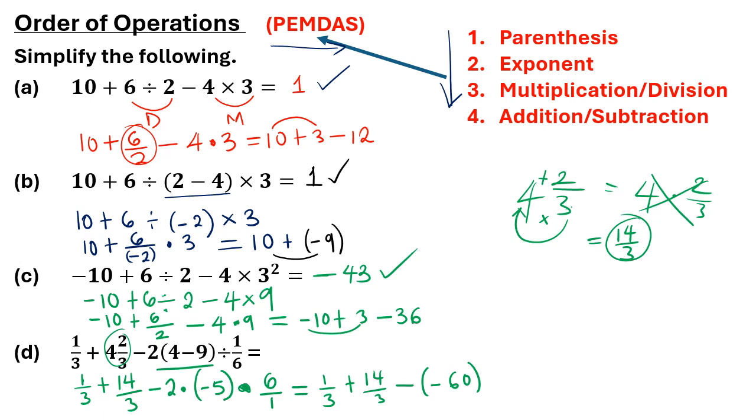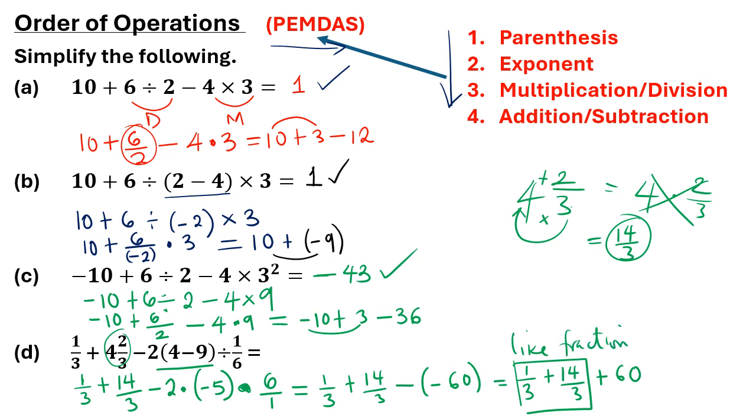All right, so this is what we get right now. We just need to realize that when we have a negative sign and a subtraction sign, it will all come to a positive sign. So it becomes positive 60/1 if we wanted to do that, which is still 60. But then you see that this part is a like fraction.